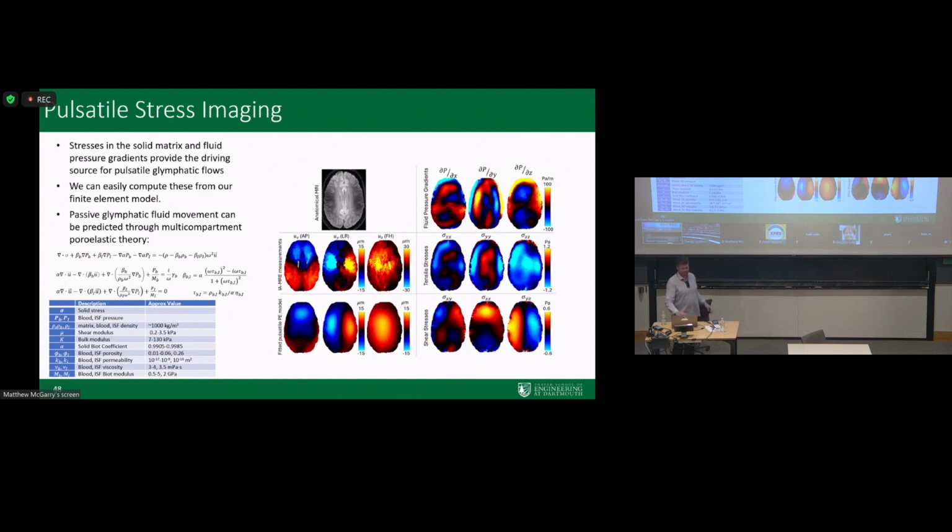This is a big mess, but if you look really carefully, we actually know the values for a lot of these through either elastography or just through knowledge of brain microstructure. And then the ones that we're imaging in this new technique are the solid stress and the blood pressure gradients. And the only thing that's left over is this gradient of the interstitial fluid pressure, and that's the pressure gradient which drives glymphatic fluid.